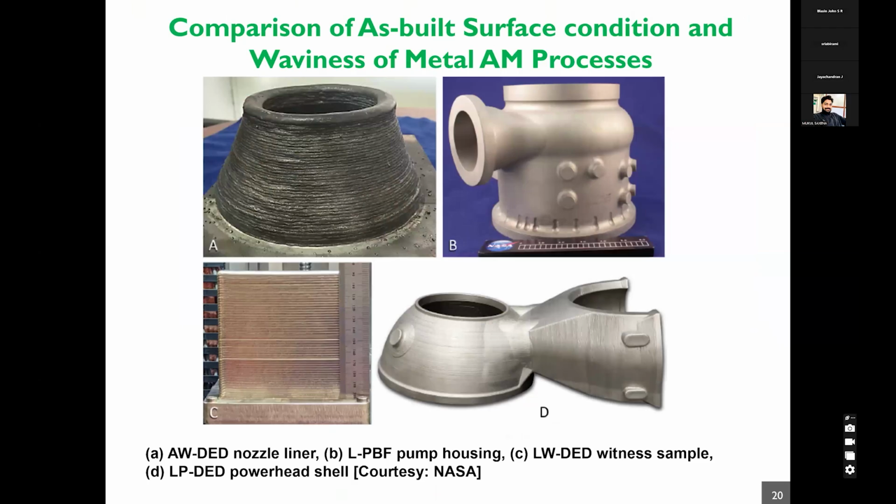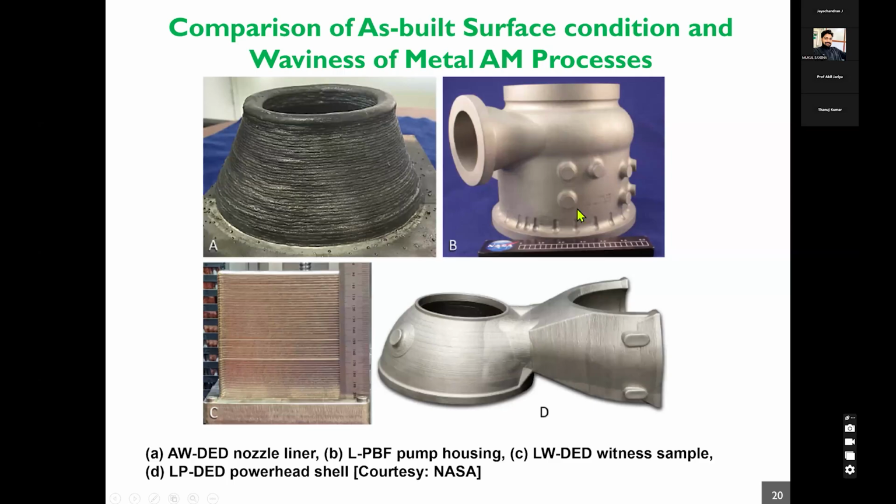So when you look at the different additive manufacturing processes as listed previously, these are the photographs of the as-built components made through various additive manufacturing processes. On the first image, you can see it is made through the arc wire DED process. You can see here the surface finish is very wavy. And on the right, you can see the part that has been made through laser powder bed fusion.